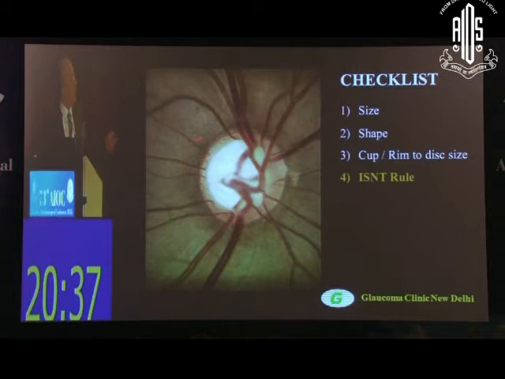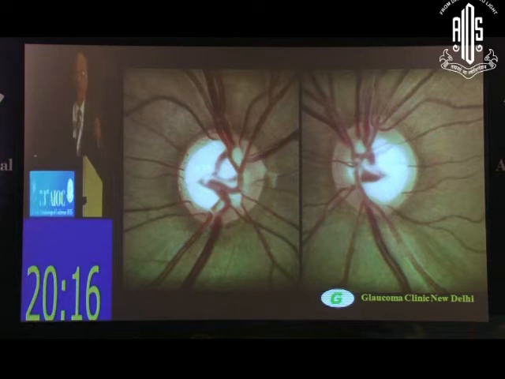So when you see this average size optic disc with a large cup disc ratio, the inferior rim tends to be wider than the superior rim, and the nasal rim tends to be wider than the temporal rim. So a large cup disc ratio does not mean glaucoma, right? But the moment you look at the optic disc on the other side, same size optic discs, the inferior rim is narrower than the superior rim.